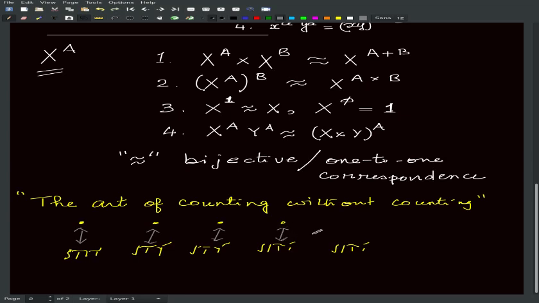And that's exactly what we do when we count. We have our standard counting chart: 1, 2, 3, 4. And when we count things, we actually make a one-to-one correspondence.